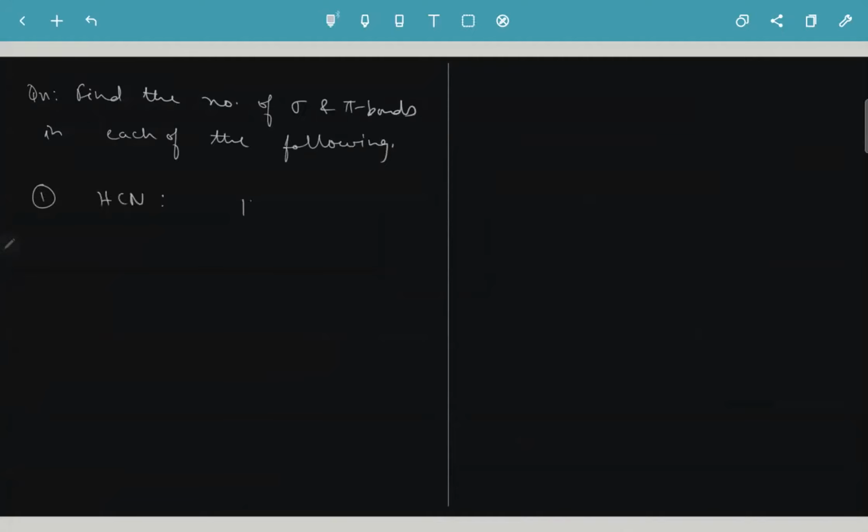HCN. HCN has this structure. There is one triple bond. Triple bond will have 2 pi bonds. And there are 2 sigma bonds also. A carbon hydrogen sigma bond, a carbon nitrogen sigma bond. It has 2 sigma, 2 pi. Total bonds count करना है. एक hydrogen carbon sigma bond, एक carbon nitrogen sigma bond, and 2 carbon nitrogen pi bonds. ठीक है?